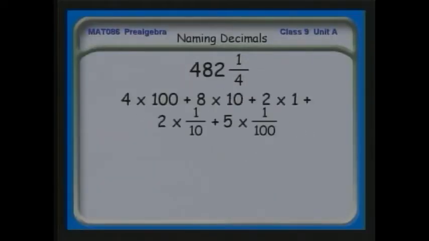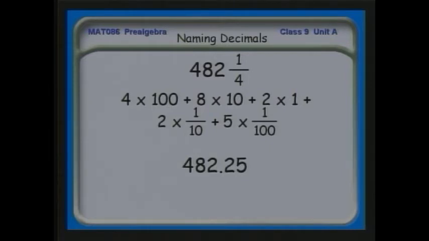Looking at this again, in decreasing powers of 10, I have 4 times 100 plus 8 times 10 plus 2 times 1, now plus 2 times 1/10 plus 5 times 1/100th. Let me write that as a decimal, the same way I did for the previous case of a half.